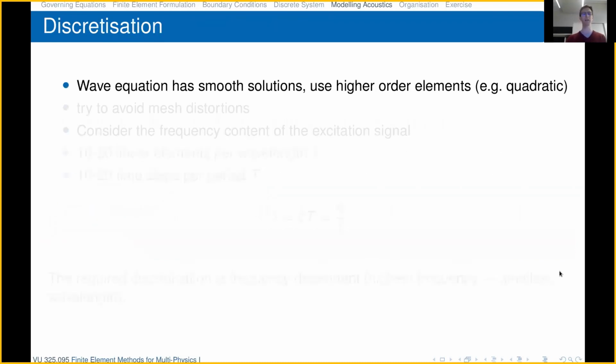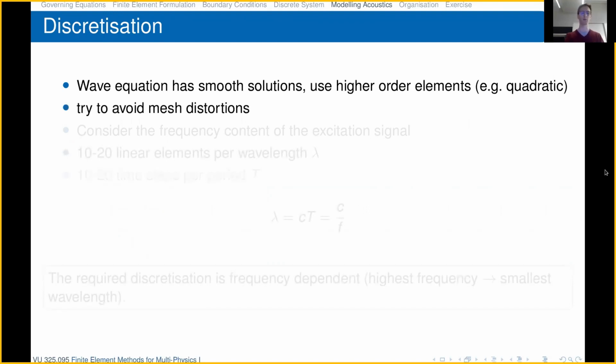How do we have to discretize acoustic simulations? So now we are already in the tips of modeling acoustics. First, note that the wave equation has smooth solutions. So higher order elements, for example, quadratic ansatz functions, are beneficial in this case. You should also try to avoid mesh distortions, since acoustics is a little bit more sensitive to that than, for example, mechanics.